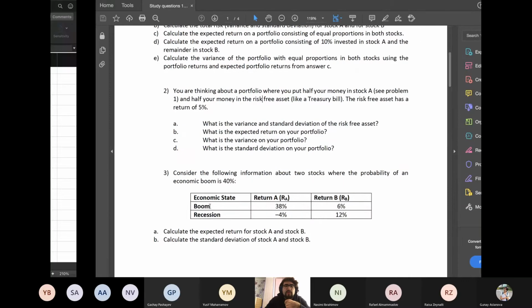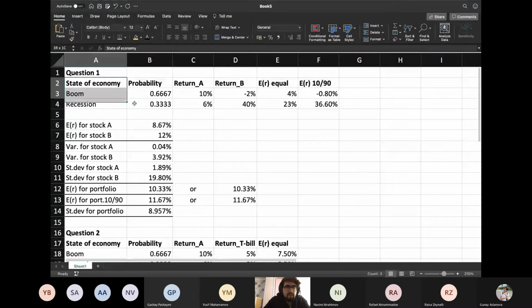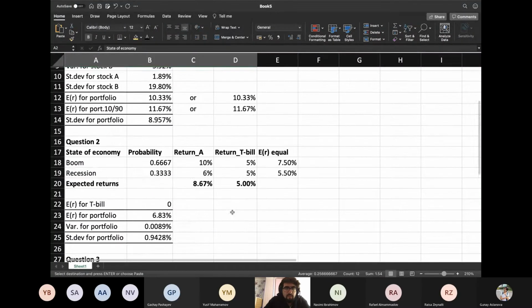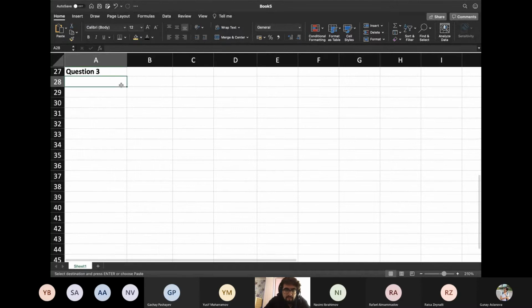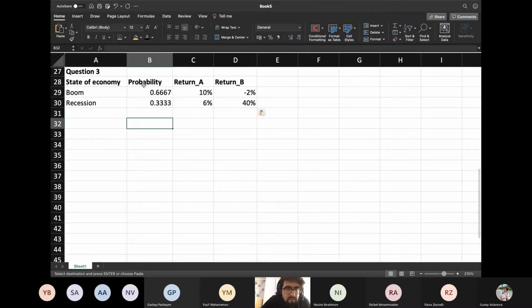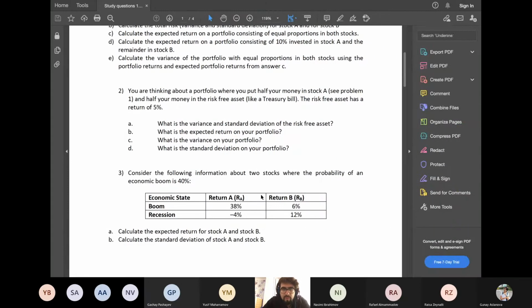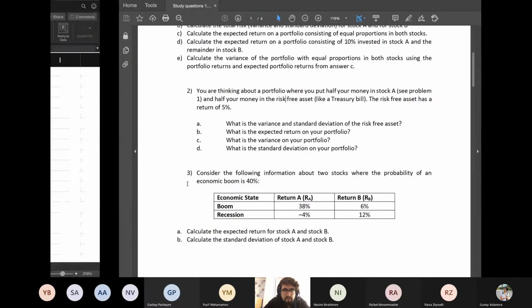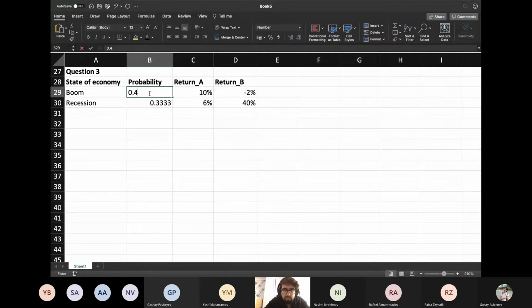Economic boom is 40%. Let me copy it down and change some variables. So probability of boom is 40%. It means 0.4 and 0.6 for recession.